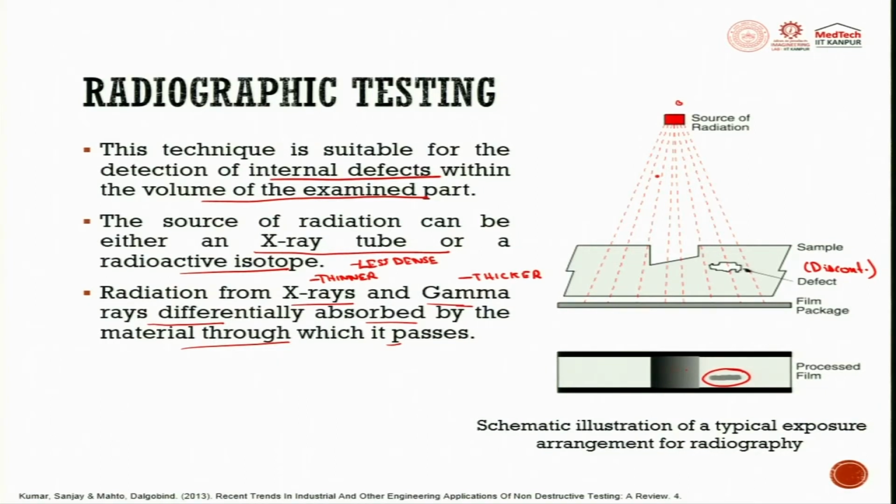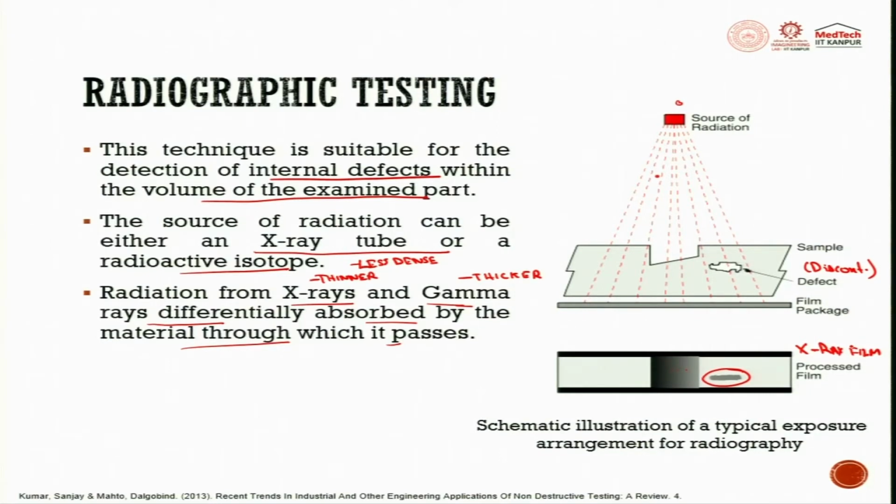The recording media can be an industrial X-ray film, or it could be one of the digital radiation detectors. So, this could be an X-ray film. Or for the gamma radiation, it could be other digital radiation detectors. With both of these, radiation passing through a test object exposes the media.